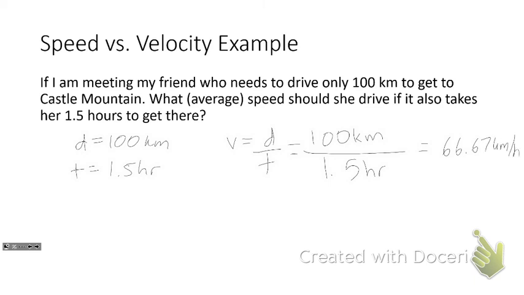And in meters per second, if we divide that by 3.6, speed is 19 meters per second. Okay? All right. That's enough from me.